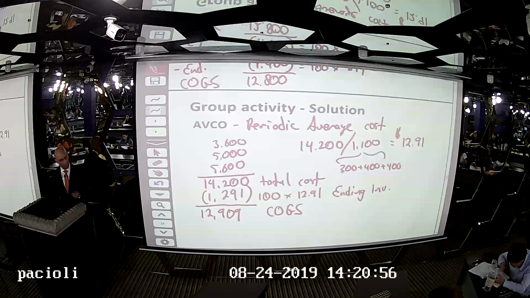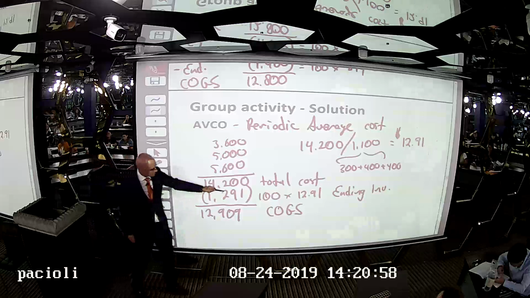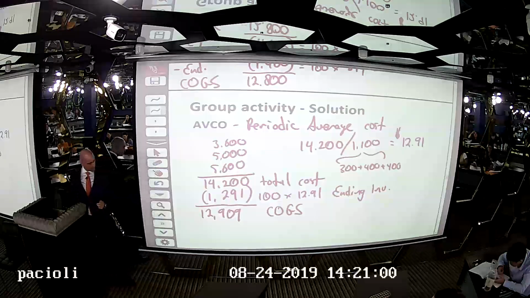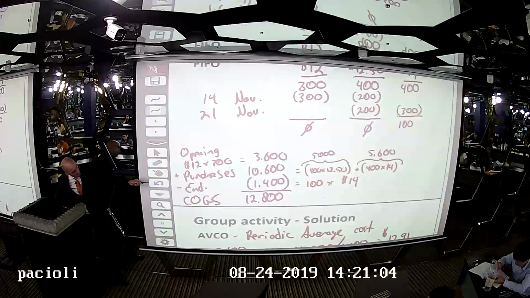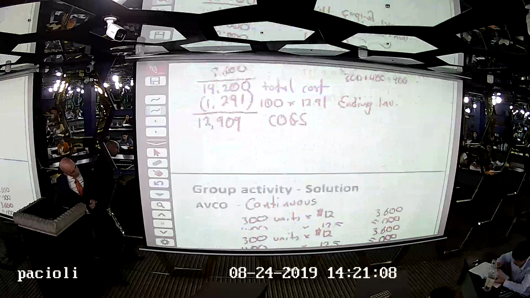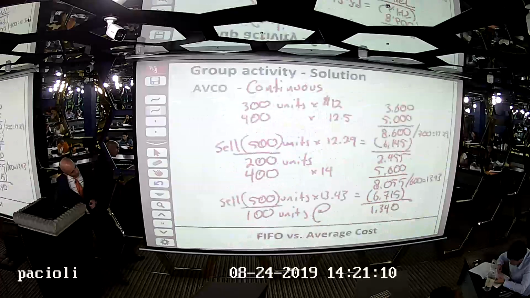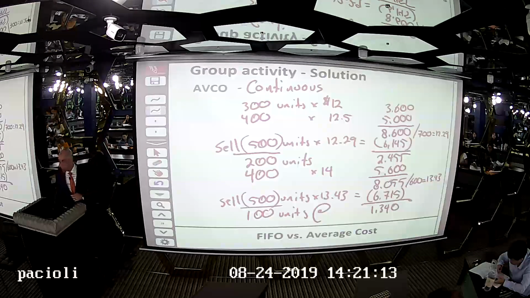So we go from ending inventory 1,400 to ending inventory 1,340.